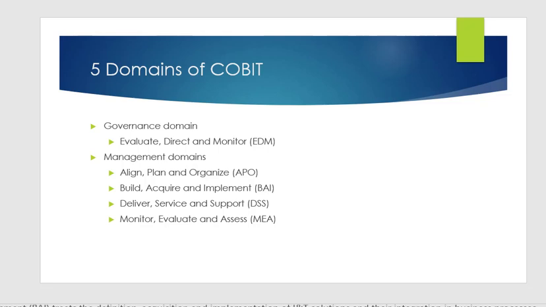The deliver, service, and support addresses the operational delivery and support of information technology services, including security. And the monitor, evaluate, and assess addresses performance monitoring and conformance of information technology with internal performance targets, internal control objectives, and external requirements. These will be discussed in more detail throughout this video.